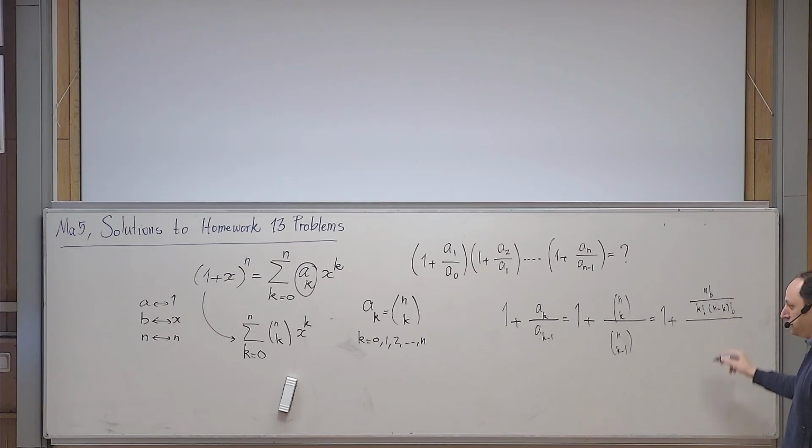Many things will be simplified. This one is the same thing, but k minus 1 is playing the role of k. So this becomes n factorial divided by k minus 1 factorial times the difference between them, n minus (k minus 1), which becomes n minus k plus 1. So it becomes n minus k plus 1 factorial, yes?